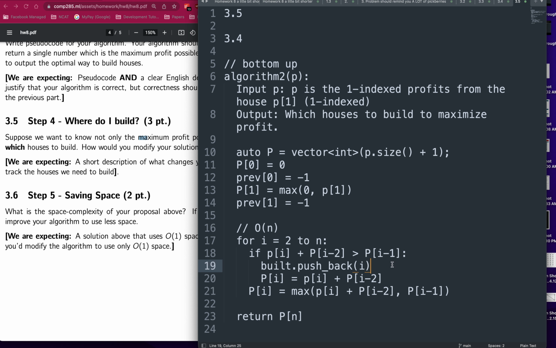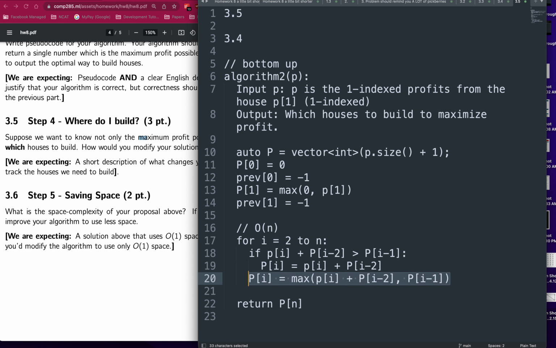And then we fill this pref in as we do this. When we have this if statement, this Pi gets updated, but we're also going to update pref I to be equal to I minus 2, because you don't know that you built I minus 2, but that's where you want to look to see what you actually built.